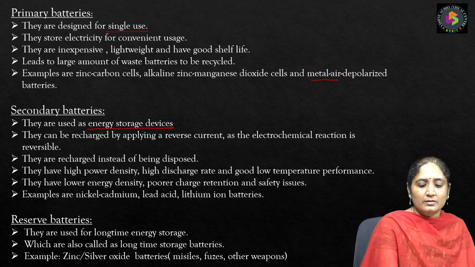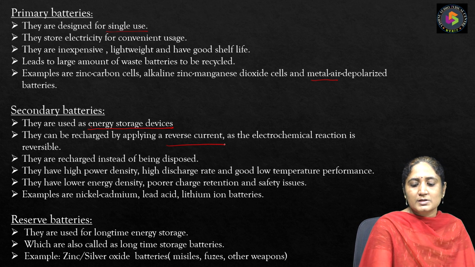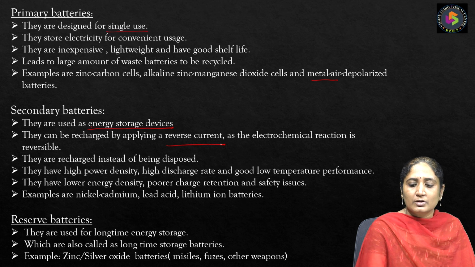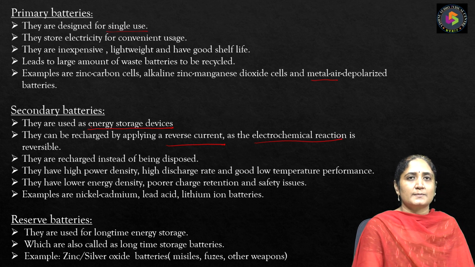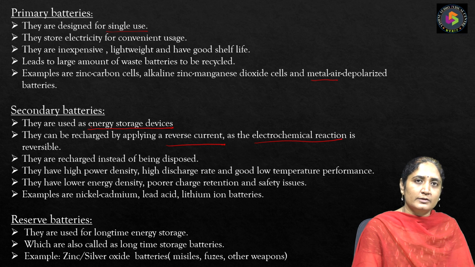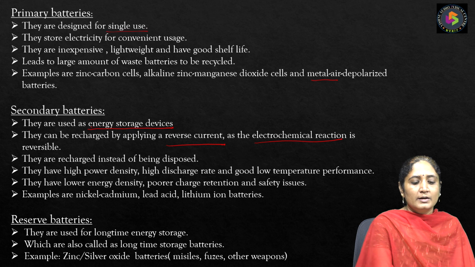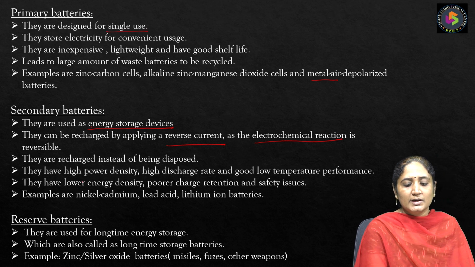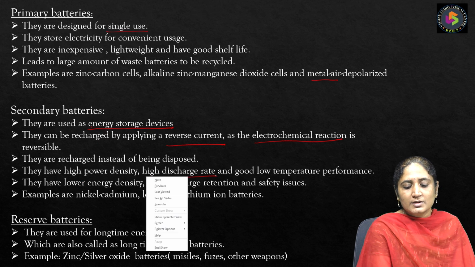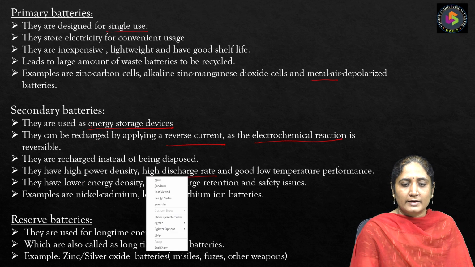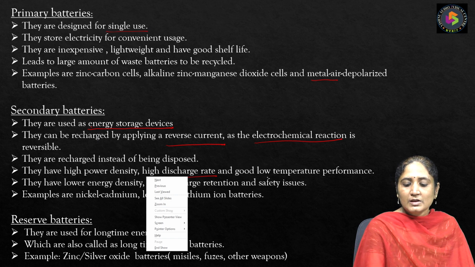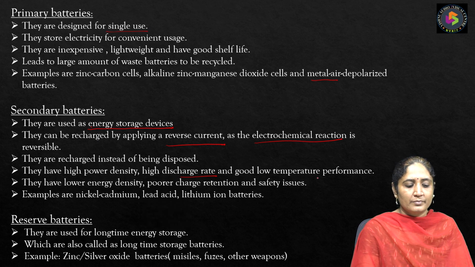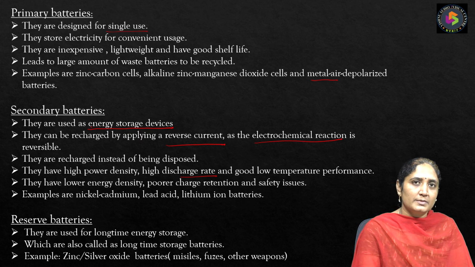So these secondary batteries are nothing but ones which reserve current, and electrochemical reactions take place in them. Next, the batteries which have high power density, high discharge rate and low temperature performance, that means they perform at low temperatures.